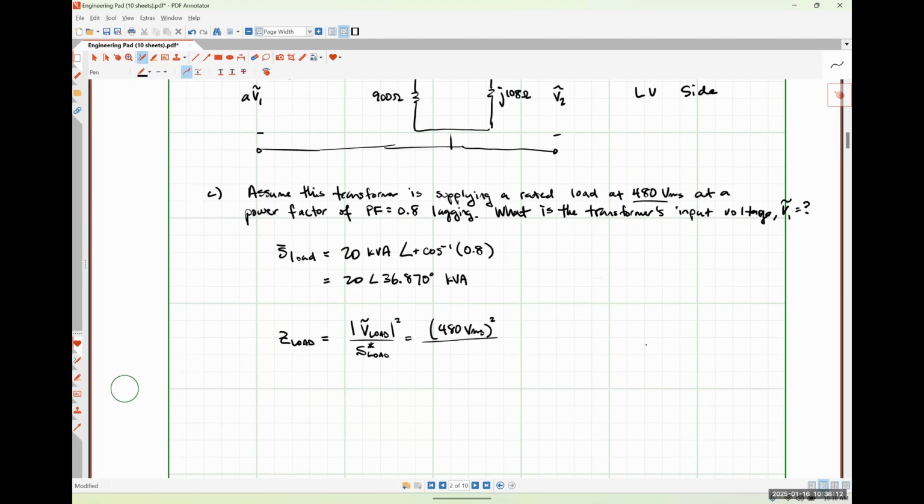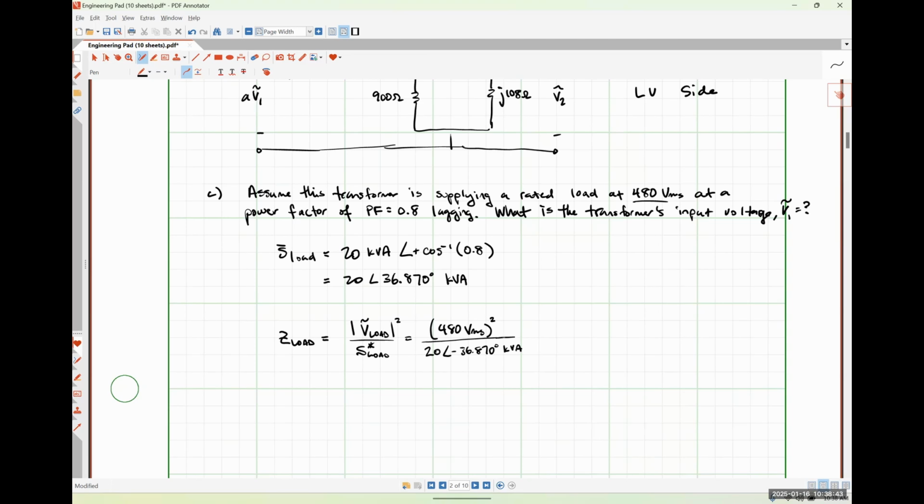And then here in the denominator, the conjugate of our complex power absorbed by our load is going to be 20 angle negative 36.870 kilovolt amperes, okay? So when I put this in my calculator, I'm going to do 20,000 angle negative 36.870 so that my answer will come out to be in ohms, okay?